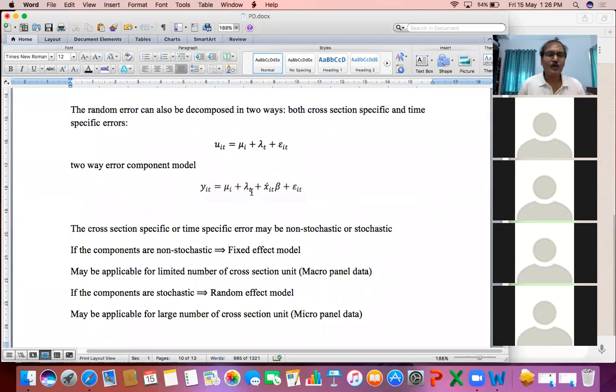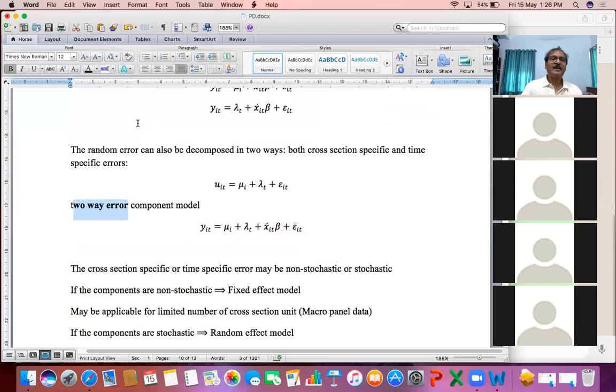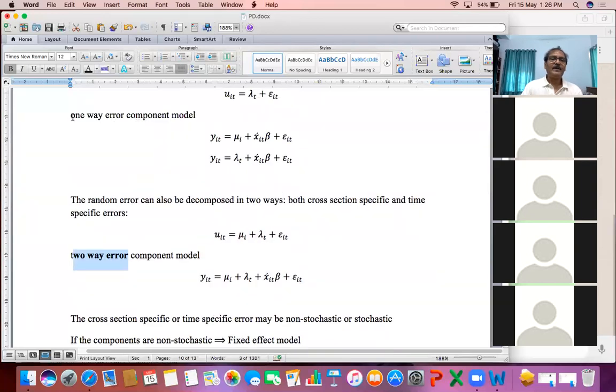Okay, so we have two types of error component model: the two-way error component model, this one, or the one-way error component model. If we decompose the error in one way, we have a one-way error component model. If we decompose the error in both ways, we have a two-way error component model.